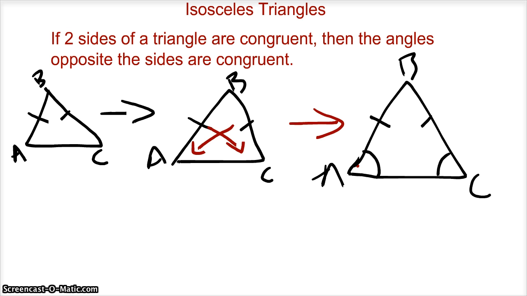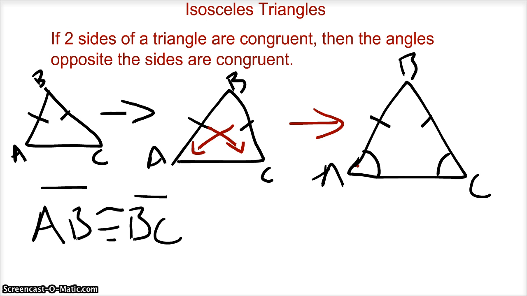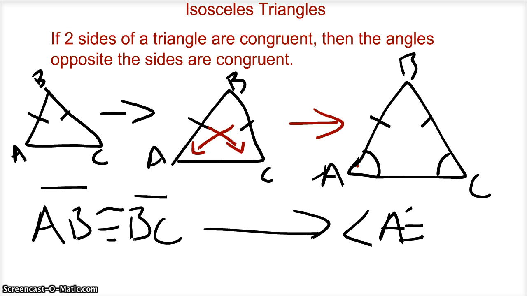Congruent arc marks. So because AB is congruent to BC, then angle A is congruent to angle C.